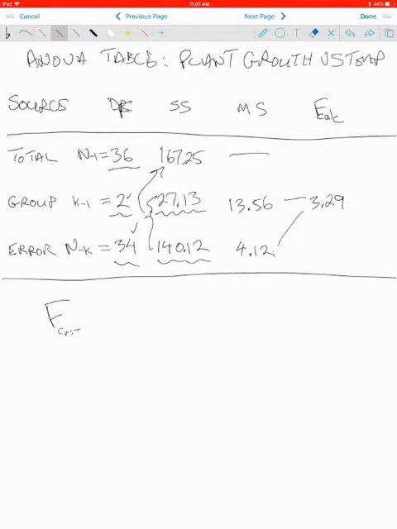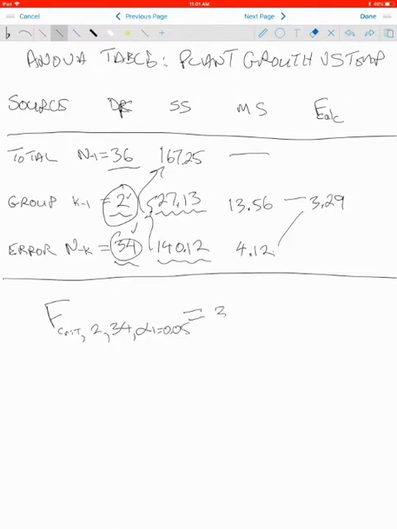So critical values of F, degrees of freedom, with the numerator, right, the group degrees of freedom. Group is always in the numerator, so 2 degrees of freedom in the numerator, 34 degrees of freedom in the denominator, always looking up at alpha equal 0.05, so make sure you look at the right F tables.